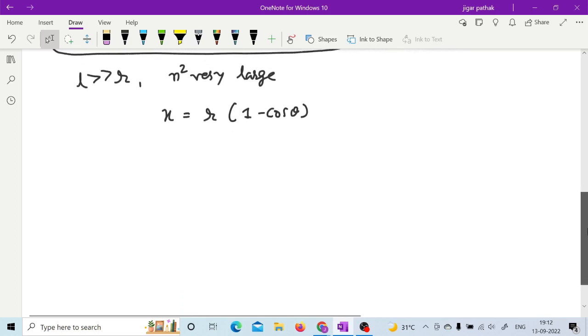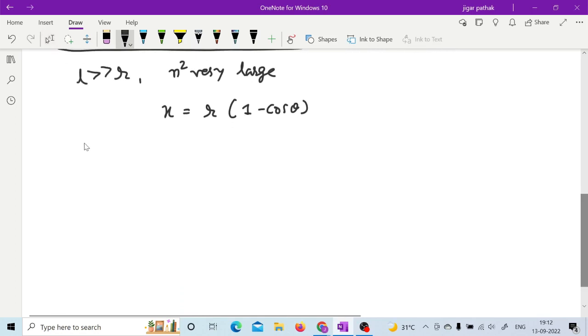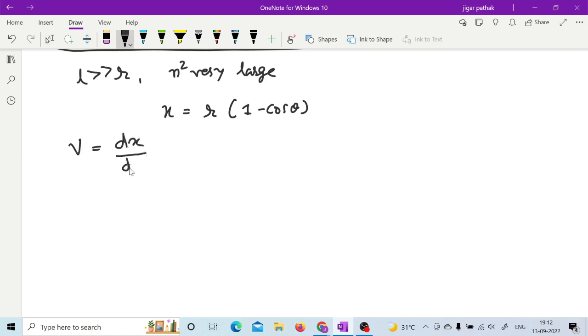Once you have displacement of piston with you, then you can go for finding the velocity easily, because velocity is nothing but the change in displacement with respect to time. So once you have dx by dt, you can rewrite it as dx by d theta into d theta by dt. d theta by dt will simply be omega.